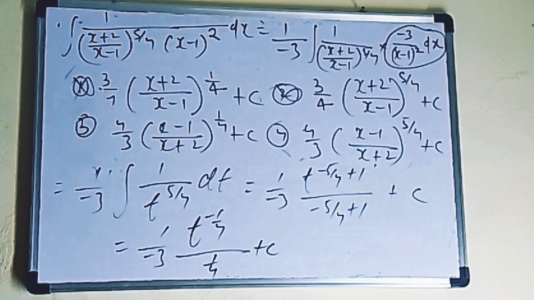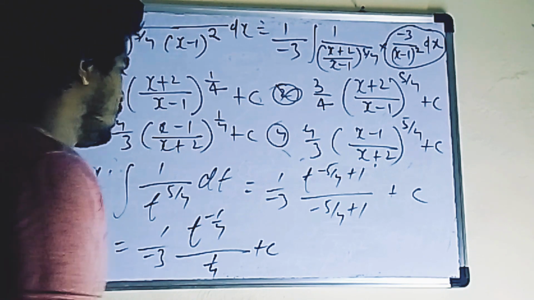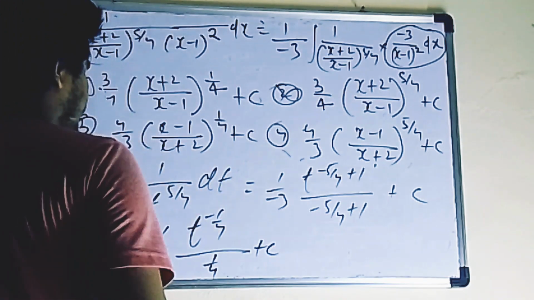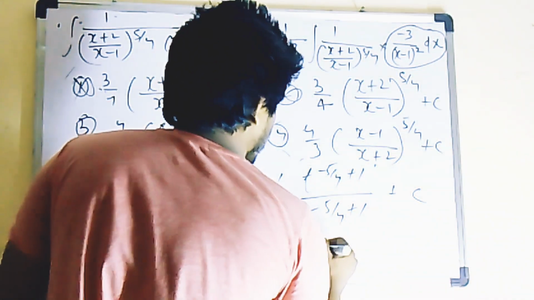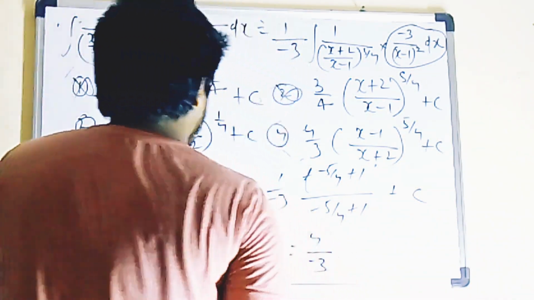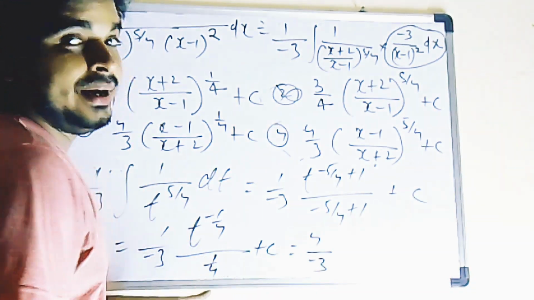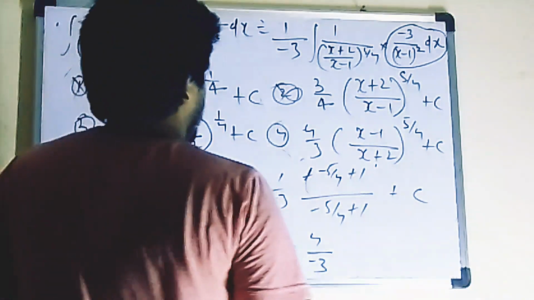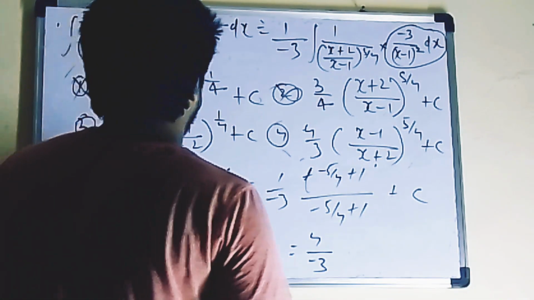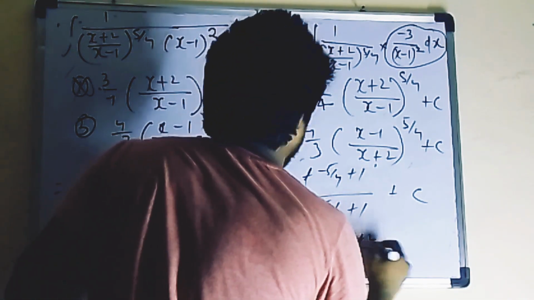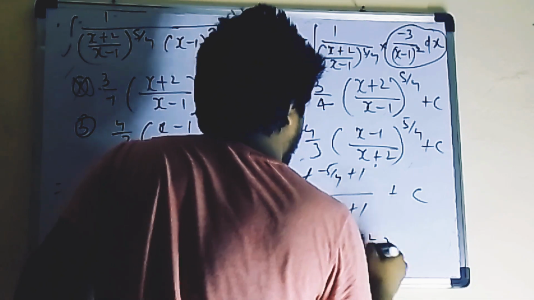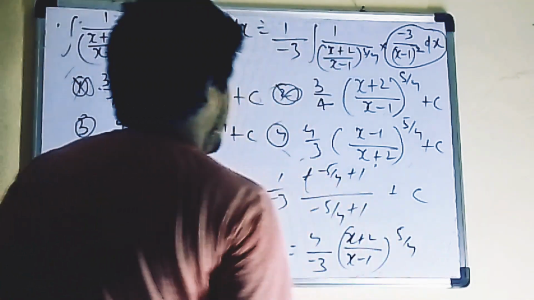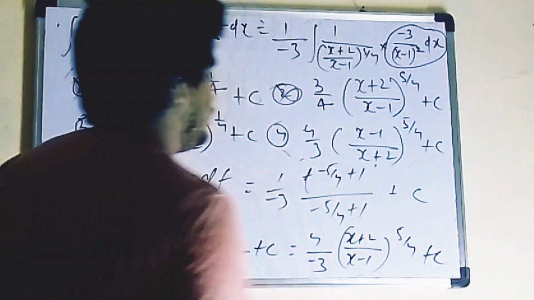Clear? 4 by minus 3, and t is (x plus 2) divided by (x minus 1) power minus 1 by 4. Okay, wait, (x plus 2) divided by (x minus 1) power of 5 by 4, plus c. Clear?